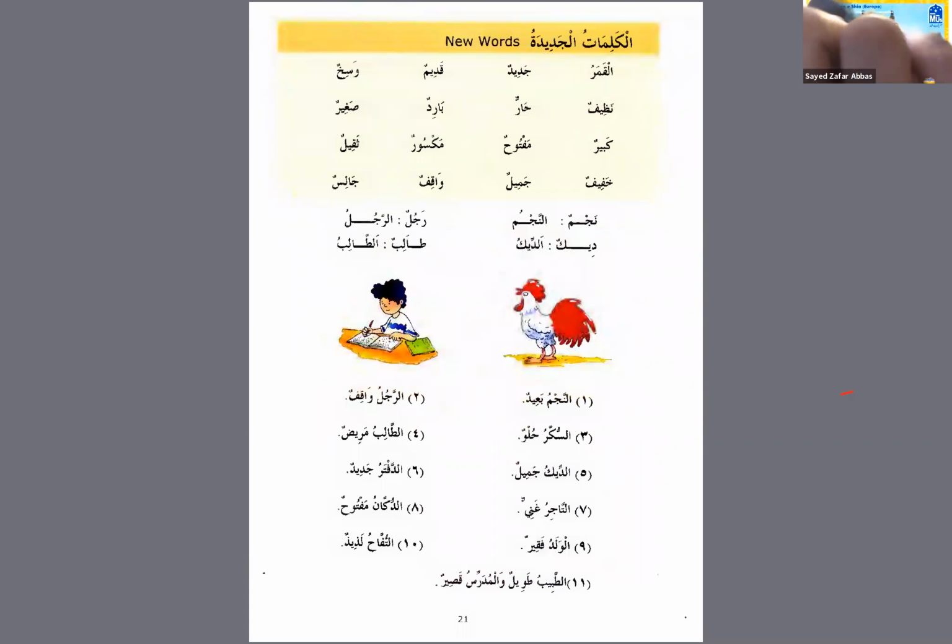In this box here, and I think this is really important and very helpful for us, is the list of new words that we learn. Now, when we go right to the end of this lesson, they will mention the English translation of these words as well. But as we mentioned, the way that this course has been designed is for us to look at the pictures and associate the pictures with the words rather than with the English.